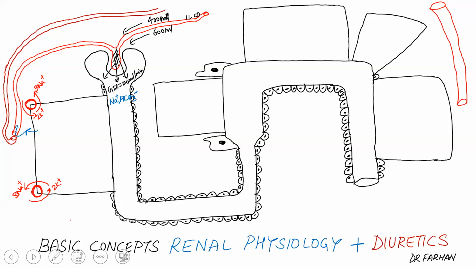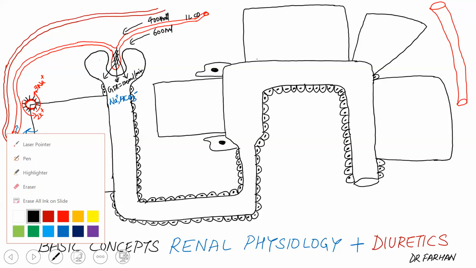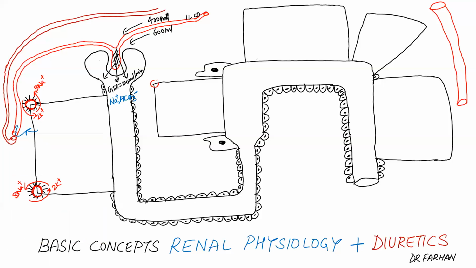Since these transporters require the help of ATP, they are termed sodium potassium ATPase pumps. They will be actively working 24/7 on the basolateral membrane of all the cells that you have. If you want, you can put these transporters on all the big cells that I have drawn.